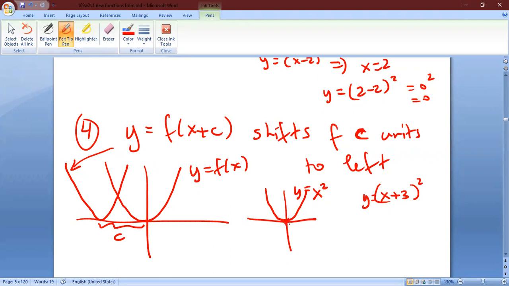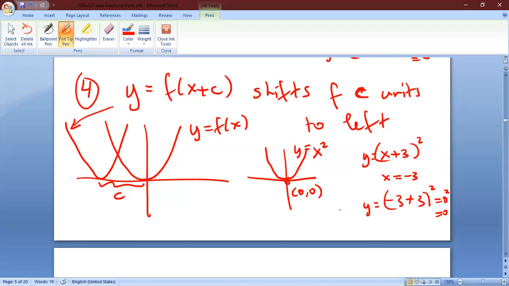In this one, this point here is again 0, 0. But in the other one, if you give x equals minus 3, then minus 3 plus 3 is 0, and 0 squared is 0. So this new one will be this graph, with the point minus 3, 0: the graph of the x squared function shifted 3 units to the left.